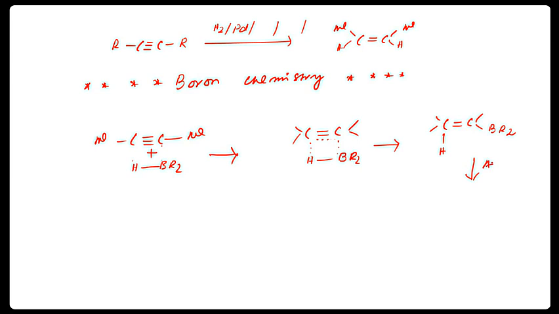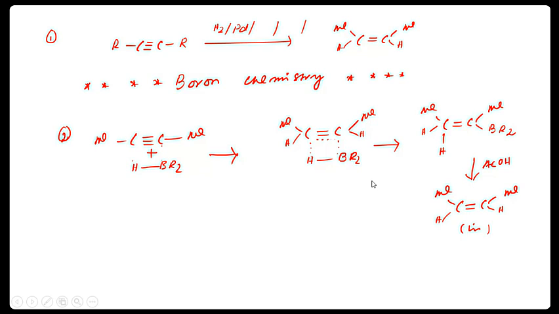So in the presence of acetic acid, this will be converted into the corresponding alkene. So we got this as one method to produce these alkenes. This is another method. And I believe you know both of these very well.